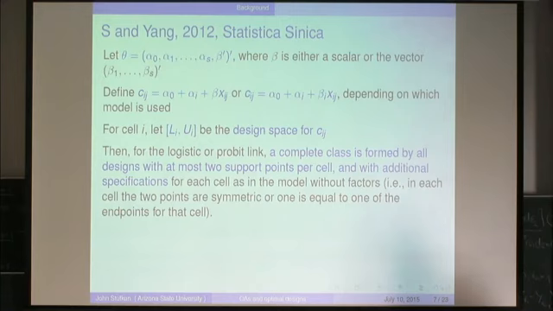So it's still a nice result that you have a relatively small complete class, at most 2 design points per cell. But if you have a large number of cells, then that's still a large number of possible design points. So it's helpful, but maybe not as helpful as previously.